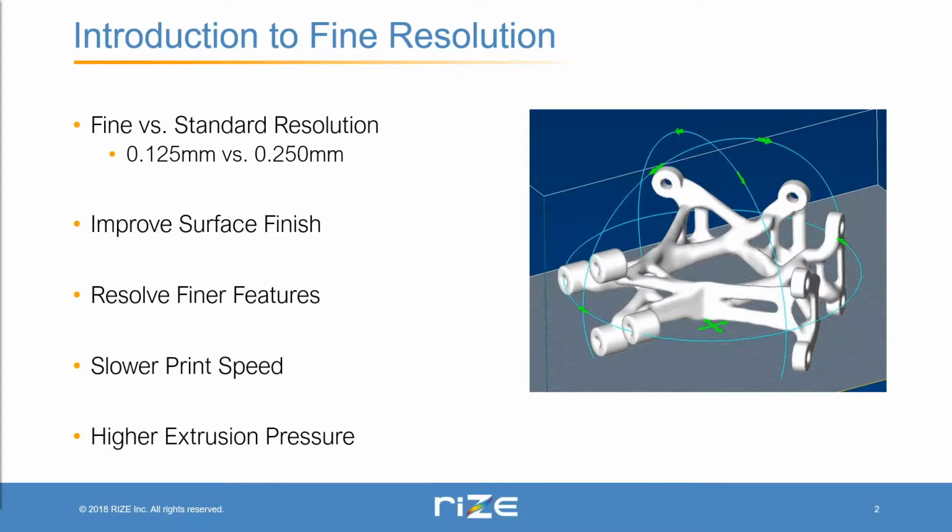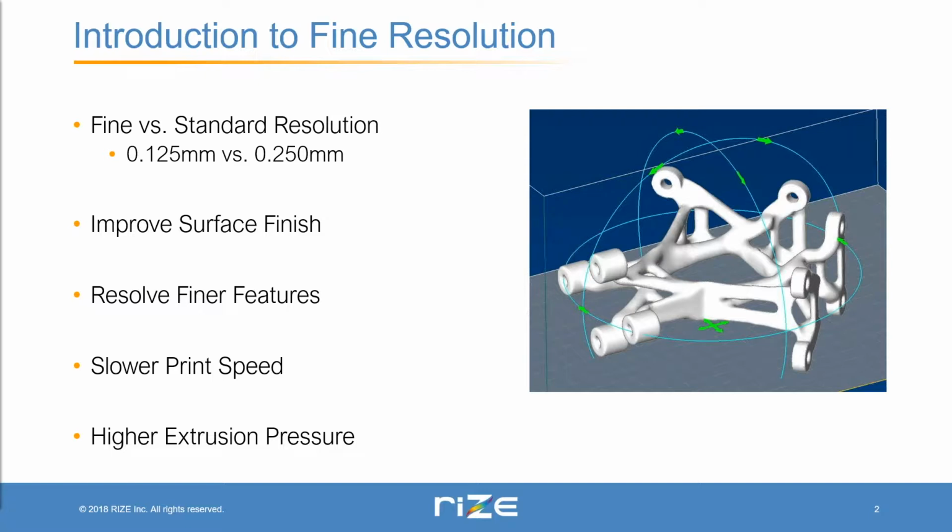So first of all, here are some of the basic things you need to know about using fine resolution. First, the RIZE software that we offer has two possible vertical resolutions, and those are called fine and standard. So fine resolution has layer heights of 125 microns, and standard resolution has twice as much thickness per layer at 250 microns.